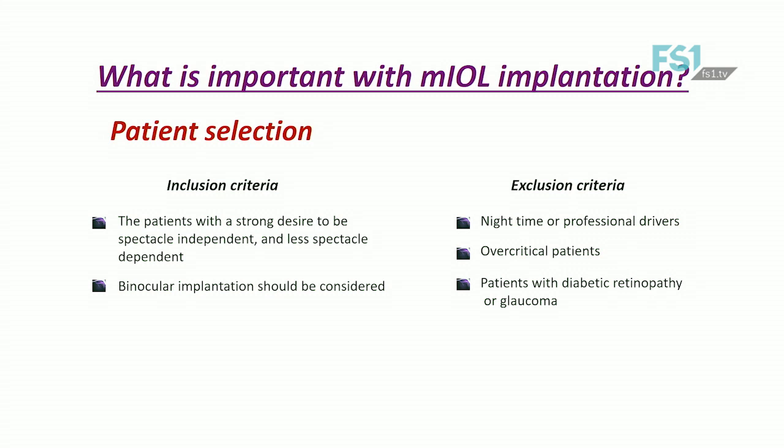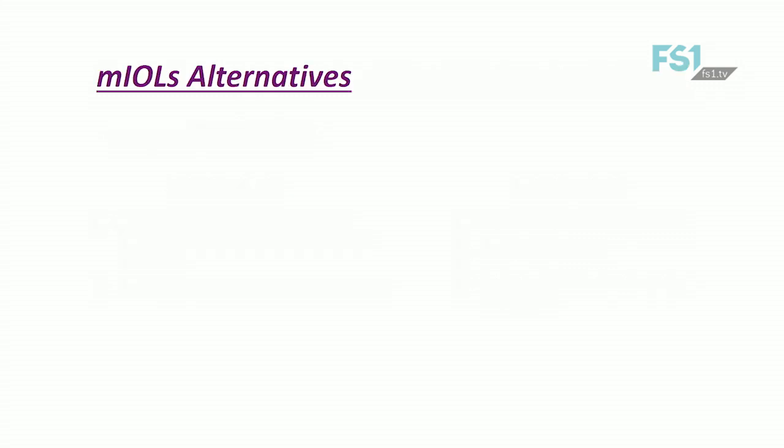So doctors have to avoid overcritical patients when considering multifocal IOL implantation. And the last are patients with diabetic retinopathy or glaucoma, of course; they should not be on the list of multifocal IOL implantation patients.